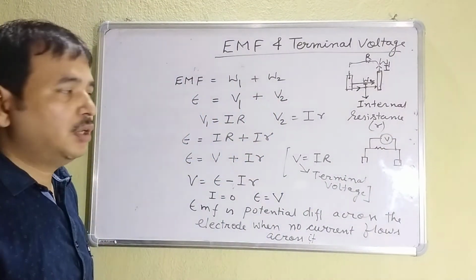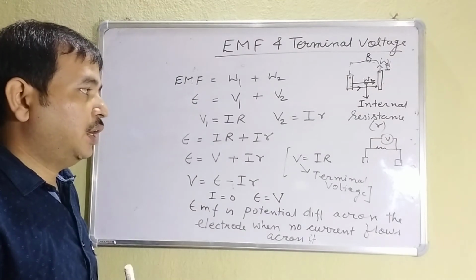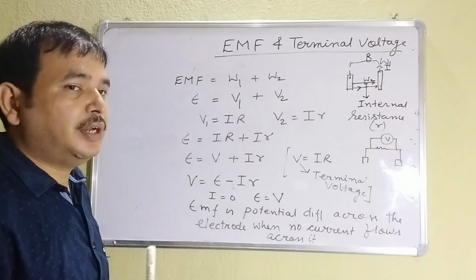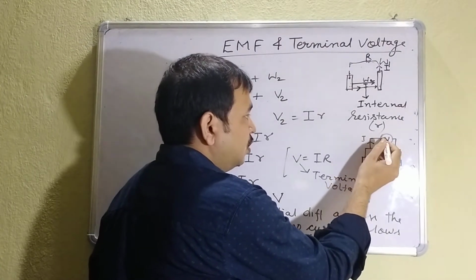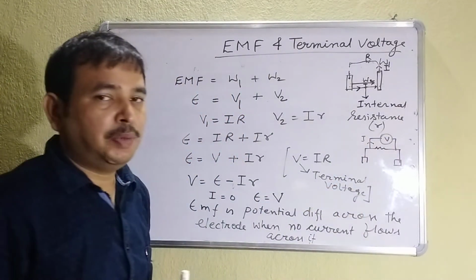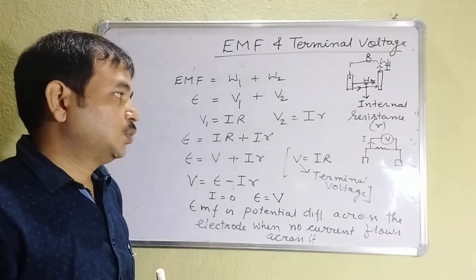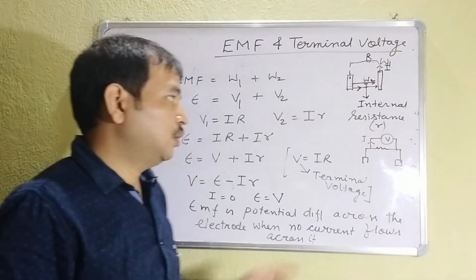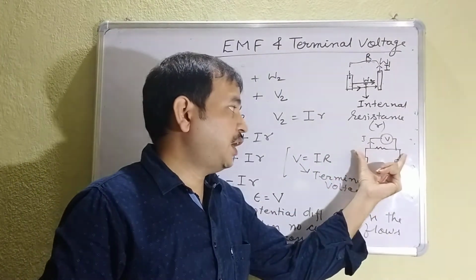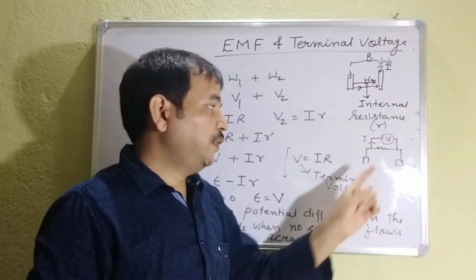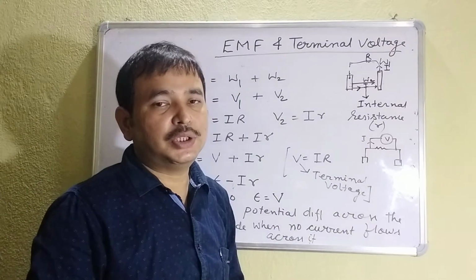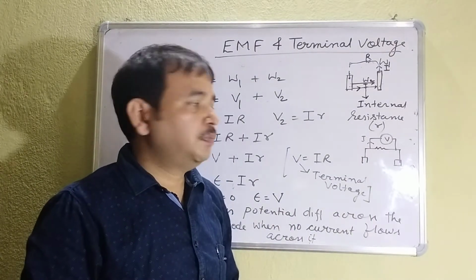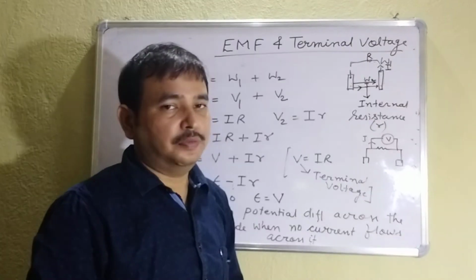A voltmeter can take a reading only when some current flows through it for the deflection, maybe a very small current. So for that small current, the circuit must be connected. If it is connected, then by voltmeter you will always measure the terminal voltage between the two electrodes.